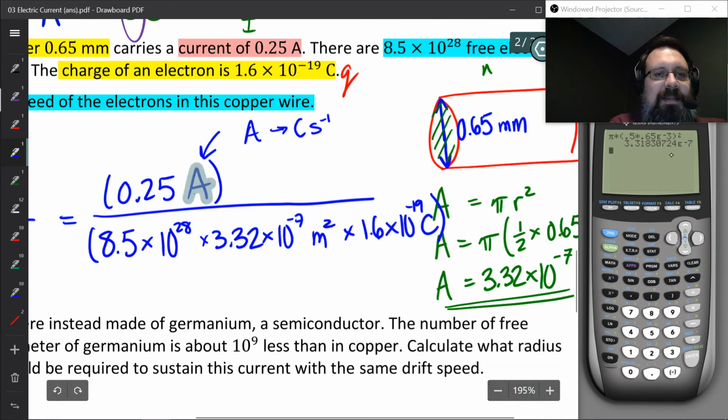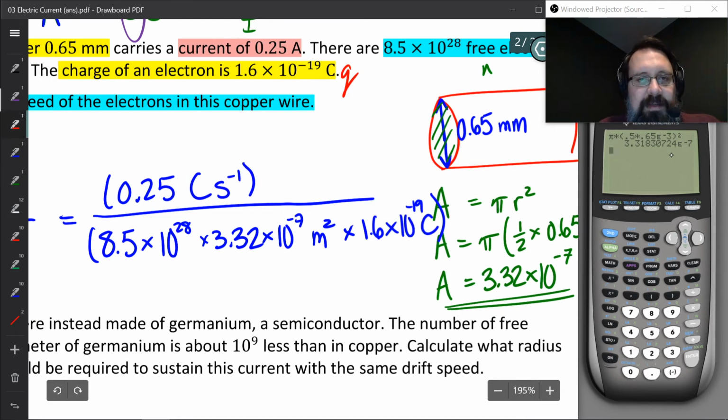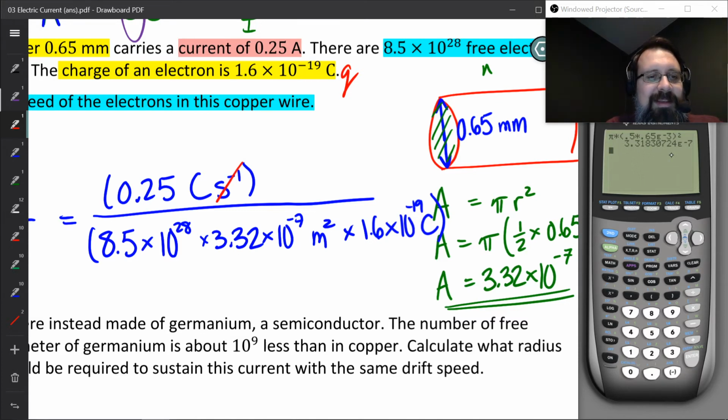And so since this is a coulomb per second, let's look at what happens to the units here. The coulombs are going to cancel out. So coulombs here, coulombs here.